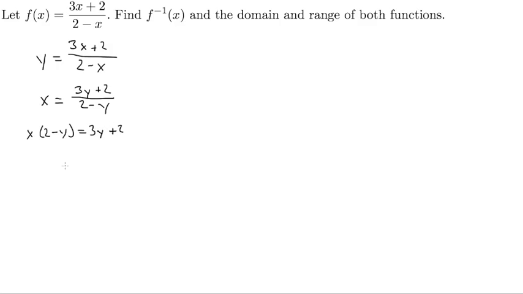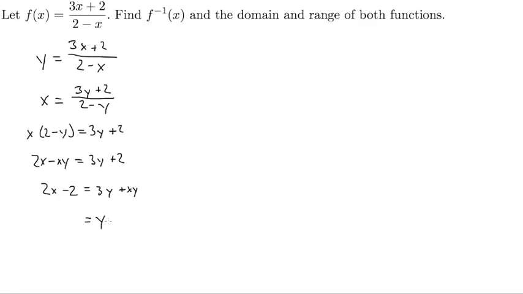And from here it's simple algebra. 2x minus xy equals 3y plus 2. I want to get all of my y's together. It's going to move my xy over here. So 2x minus 2 equals 3y plus xy. So see, I move my negative 2 to the left-hand side and my negative xy to the right-hand side. I'm now going to factor out this y.